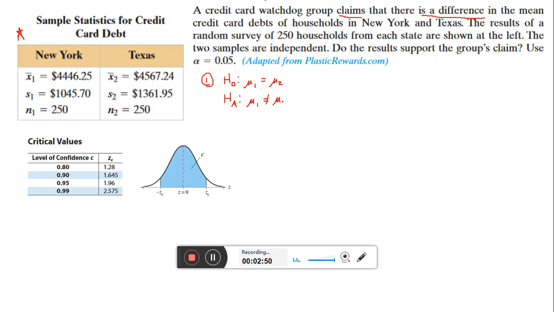And that, in fact, is our claim. Now, you should notice that, with not equals, we are doing a two-tailed test. So make sure you take note of that whenever you start to dig into some of these problems here.